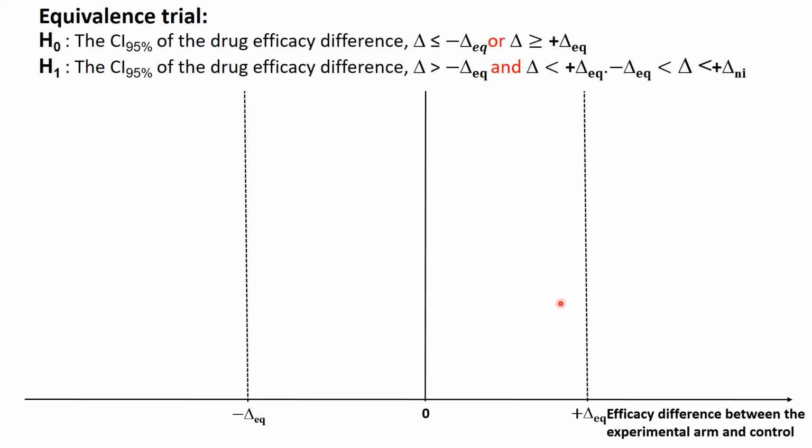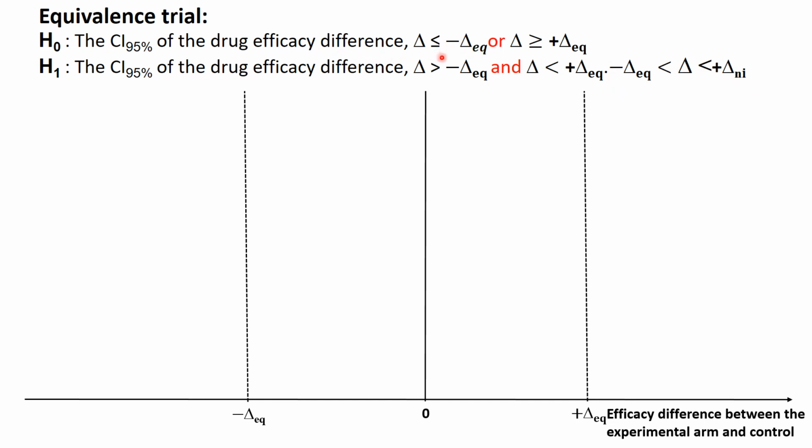So let's look at this. All that I've just said, the hypotheses are here. The confidence interval of the difference should be between minus the non-equivalence threshold and then positive equivalence threshold. That's it.